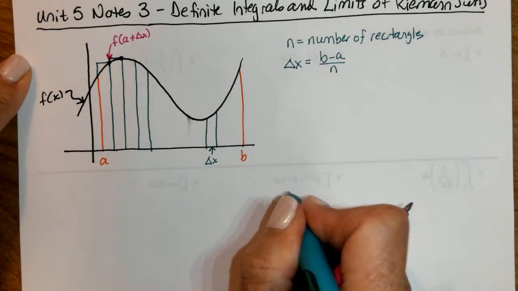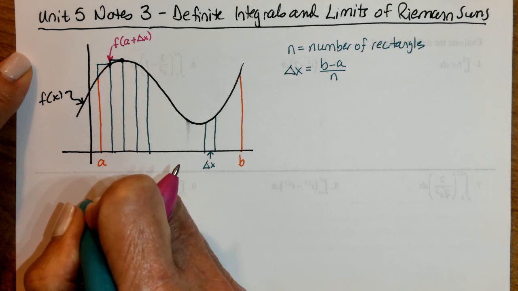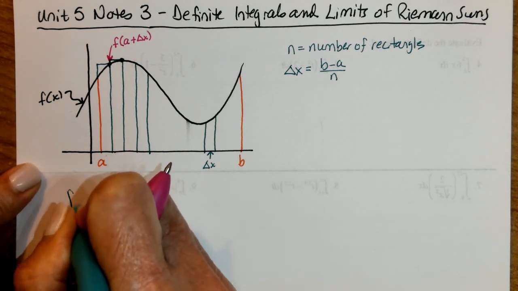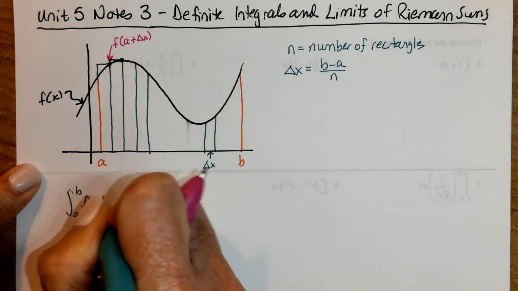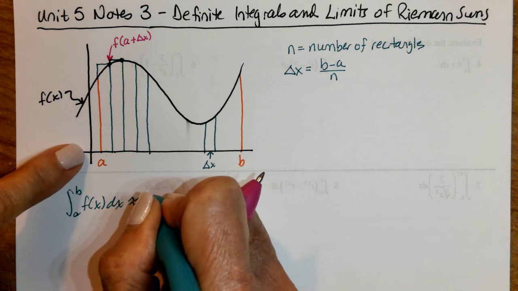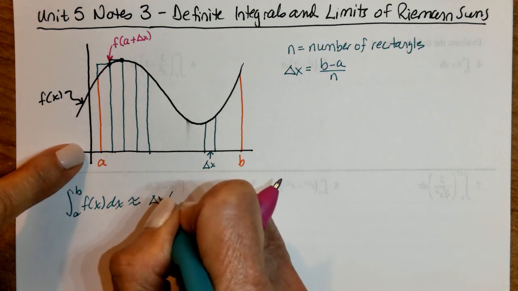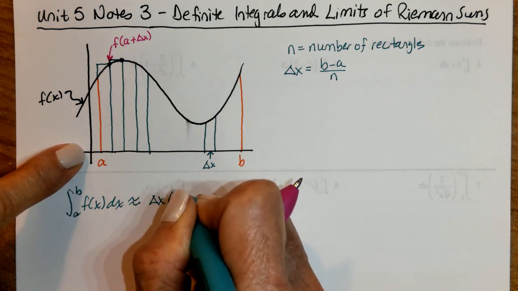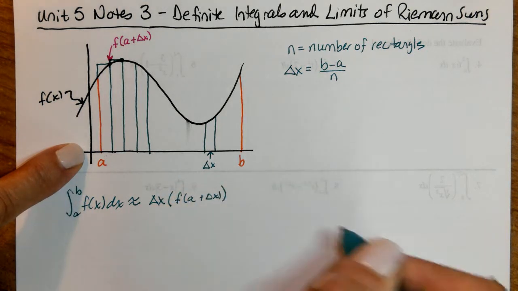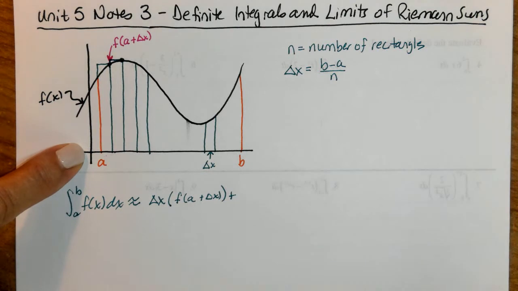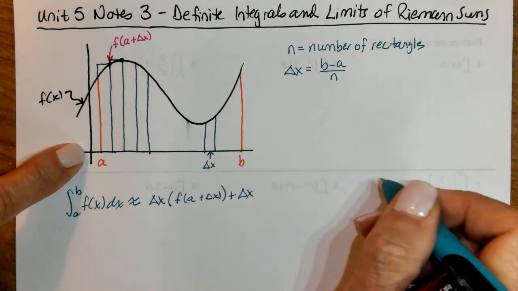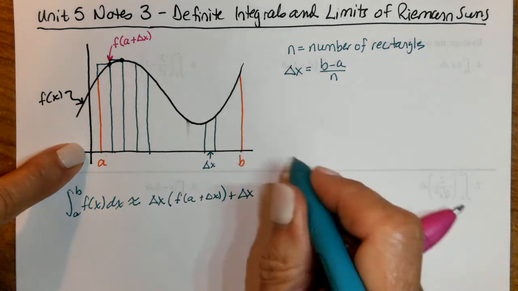If I'm adding up all the areas, the integral from a to b of f of x dx is approximately equal to: my first base length is delta x times the height, f of a plus delta x. Now I'm going to go to my next rectangle. My next rectangle also has base length delta x, because every base length is the same.